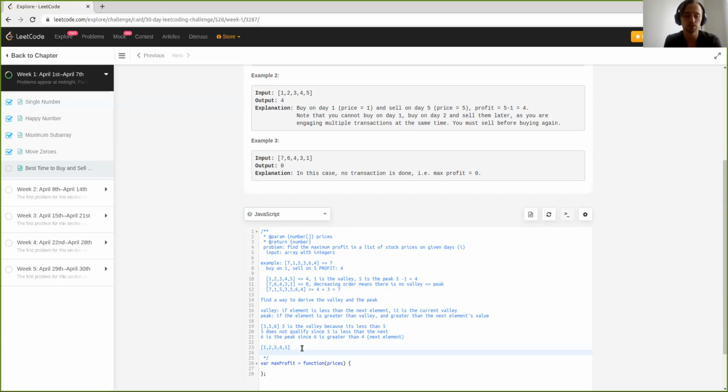Let's see. Okay, so hypothetical iterations of this loop. Let's go 1 and 2. We'll break it up into sections like this.